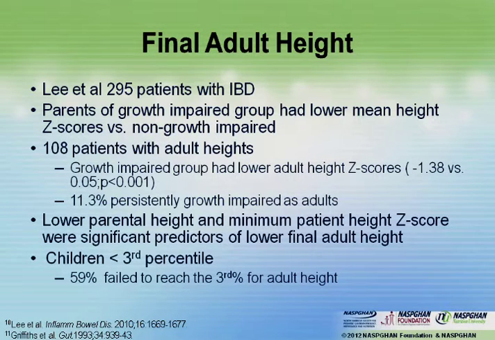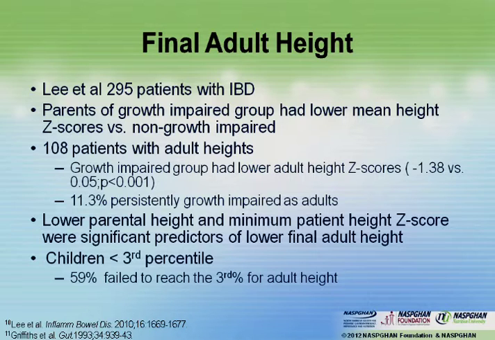So this is a study that looked at about 300 patients who had inflammatory bowel disease that were followed at Boston Children's, and they measured the heights of the parents in addition to the patients. And they found that the parents of the growth impaired group had lower mean height Z-scores as compared to the non-growth impaired patients.